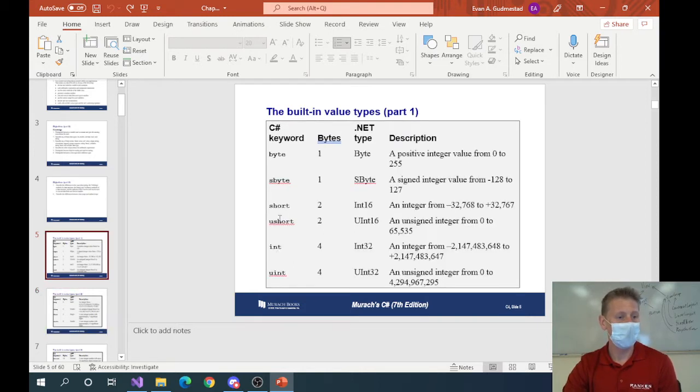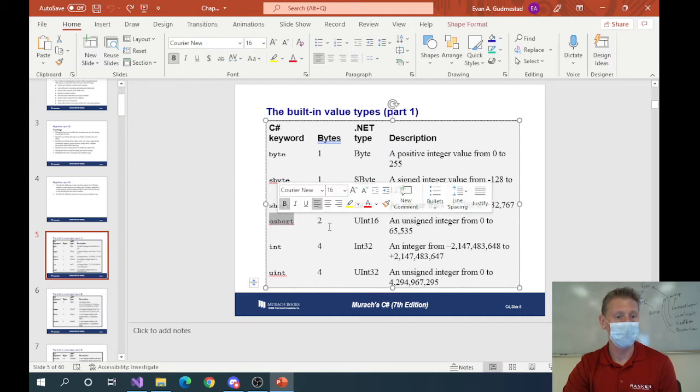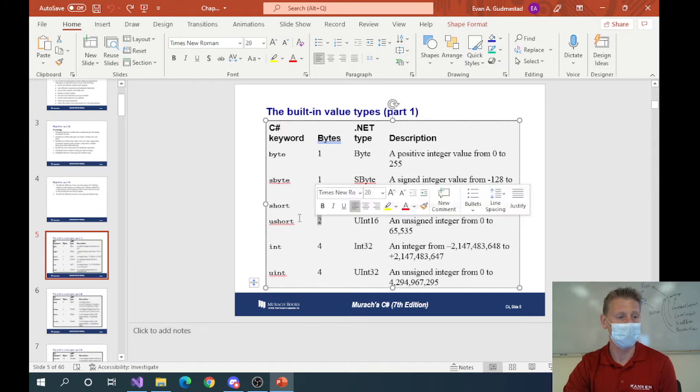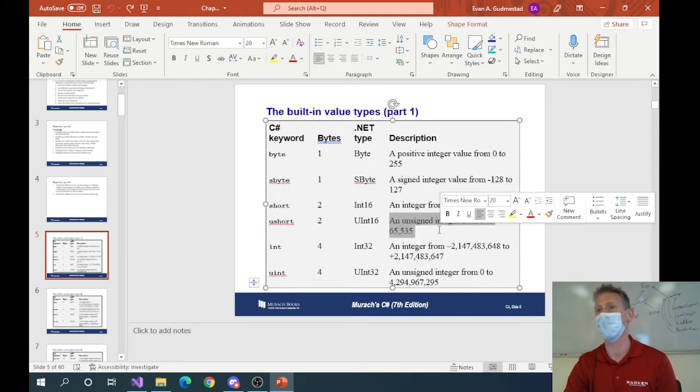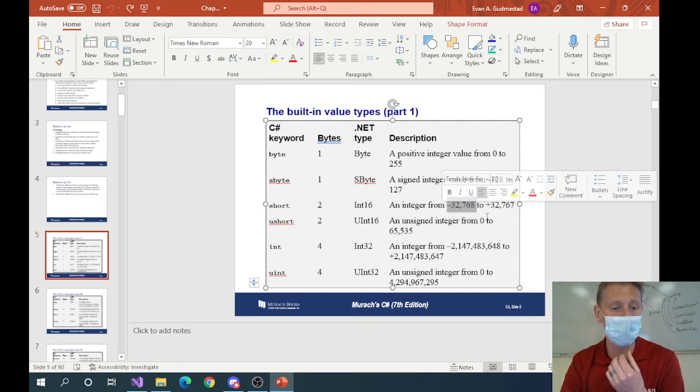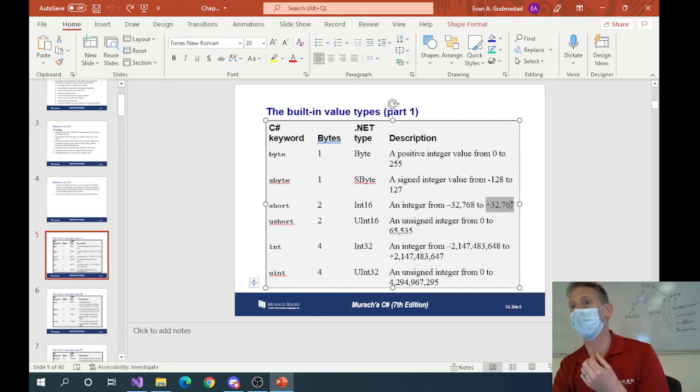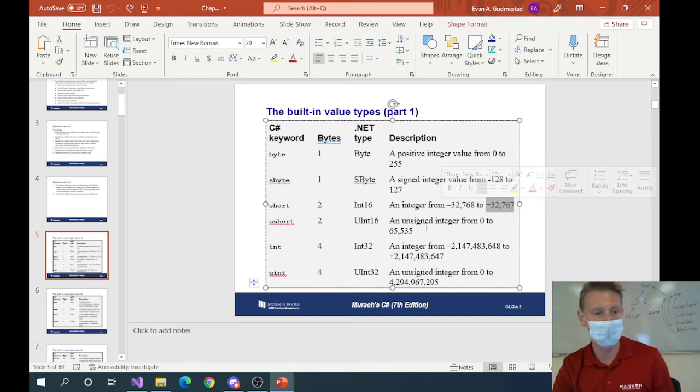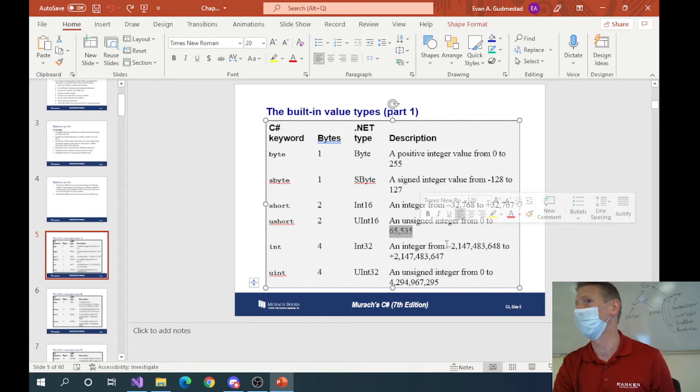Some of these in here, like U-short, is a short that uses 2 bytes, just like a short does, but it's unsigned, which, if you remember what unsigned means, it can only be positive. So it's the same amount of storage, but instead of negative 32,000 to positive 32,000 as far as the range of values, all 65,000 numbers are positive.